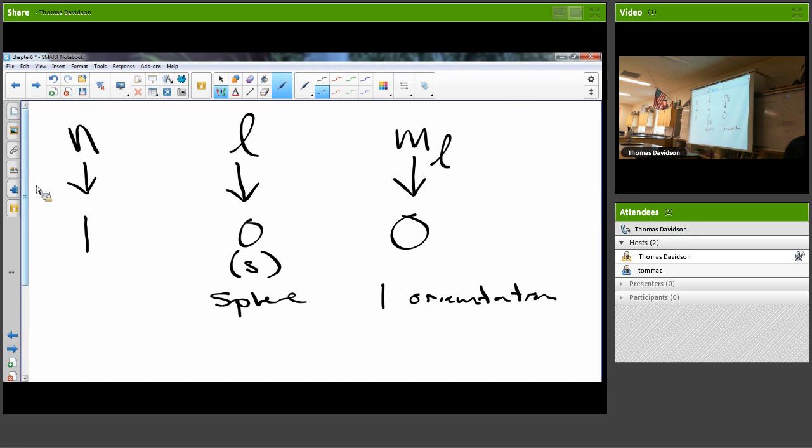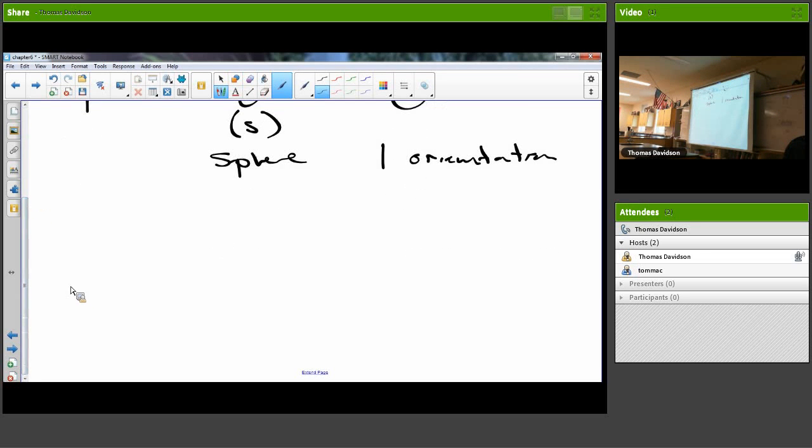All right, now, if I now have n equals 2, so n will be 2. What were the allowed values here then of L? 0 and 1, or S and P. All right?